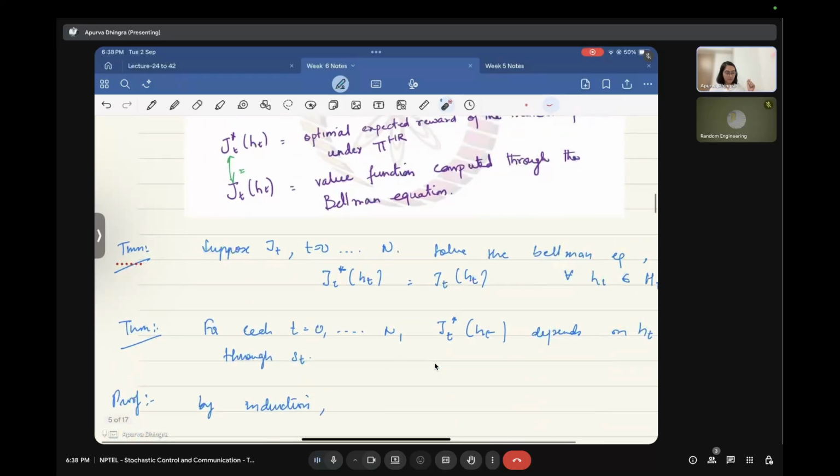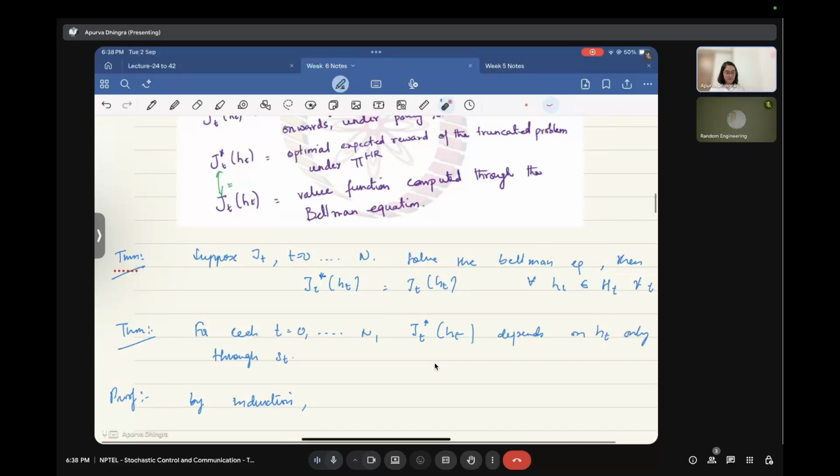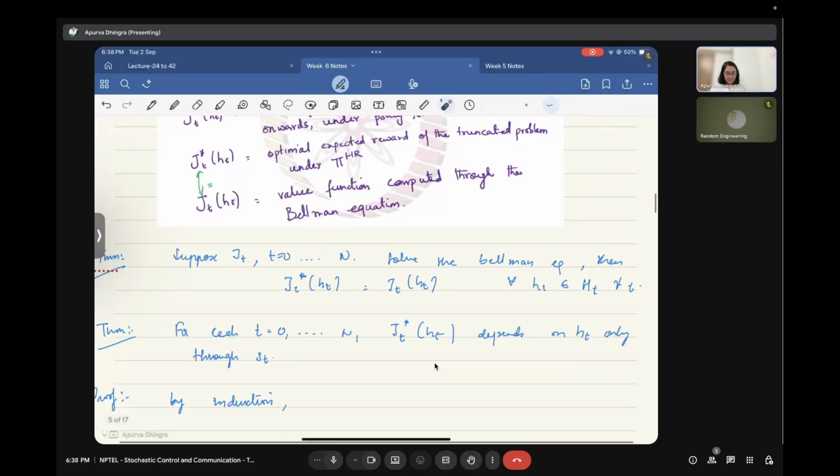The second theorem, which is more specific to the scenario we're talking about here, is that this j star of t of ht is something that ultimately only depends on s, the state st, and not the whole history.